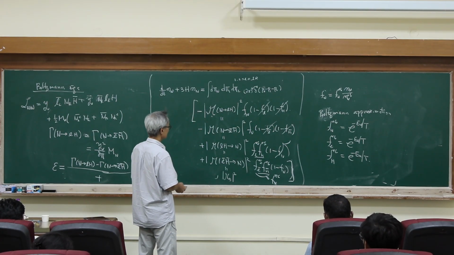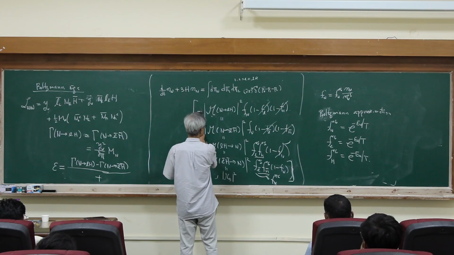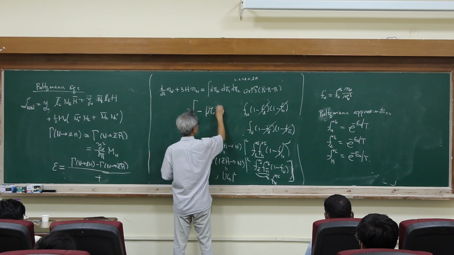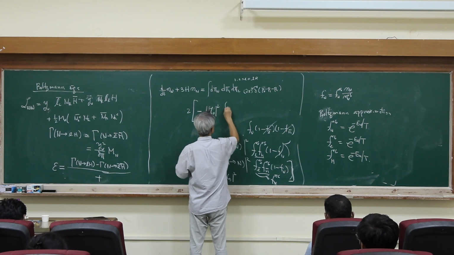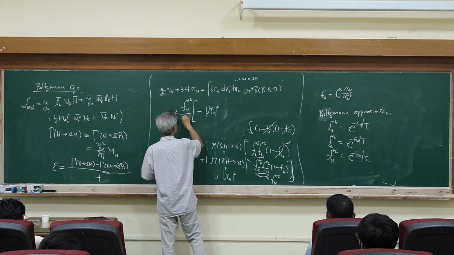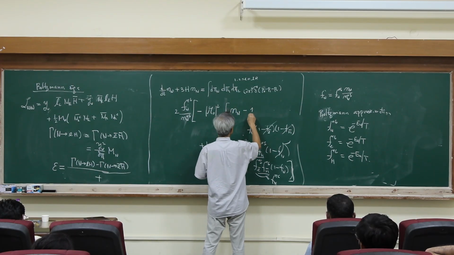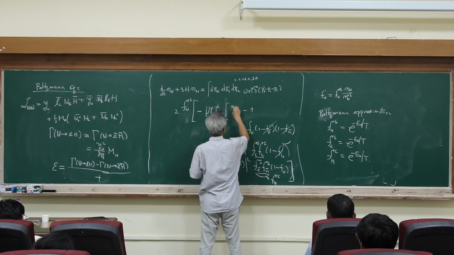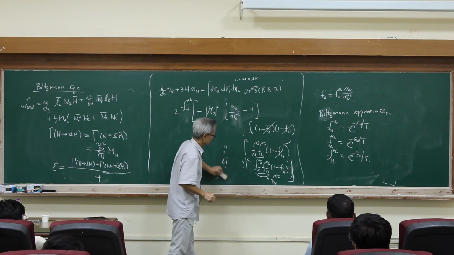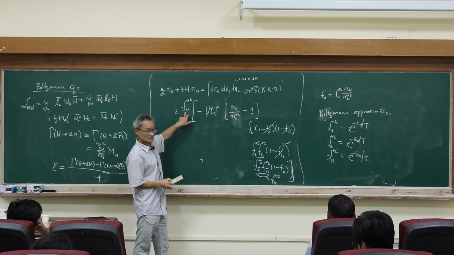So, say, factor 2. So from inverse decay, this quantity is replaced by this one.